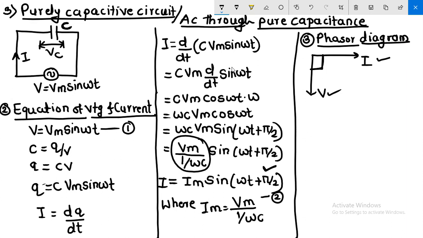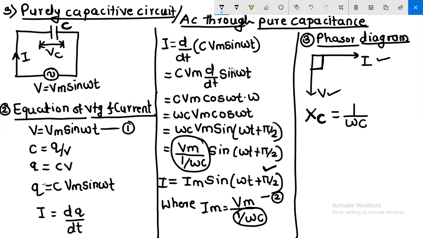Okay, then what is this term? This term, 1 upon omega C, is called the capacitive reactance, which is denoted by X suffix small c, given by Xc is equal to 1 upon omega C. But what is the value of omega?